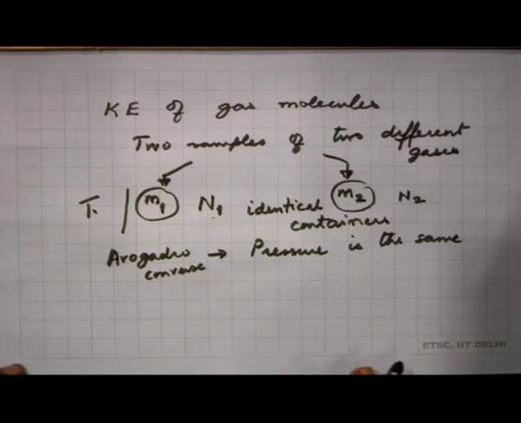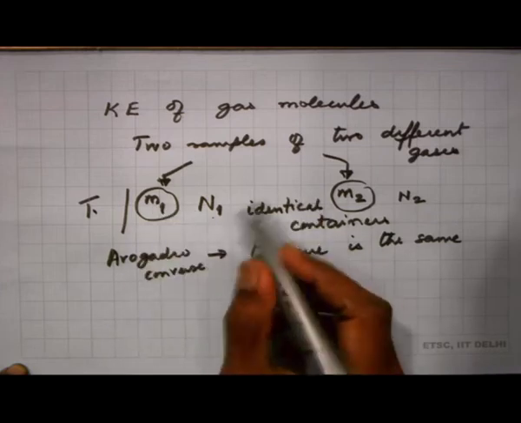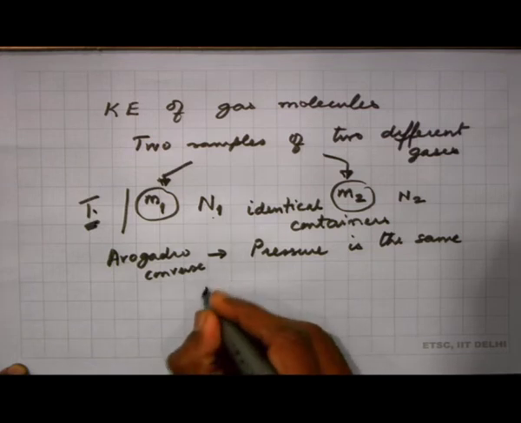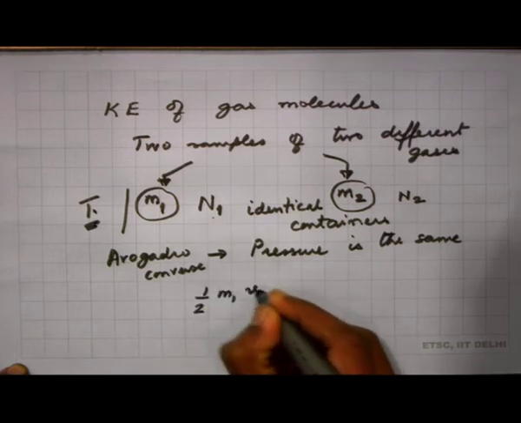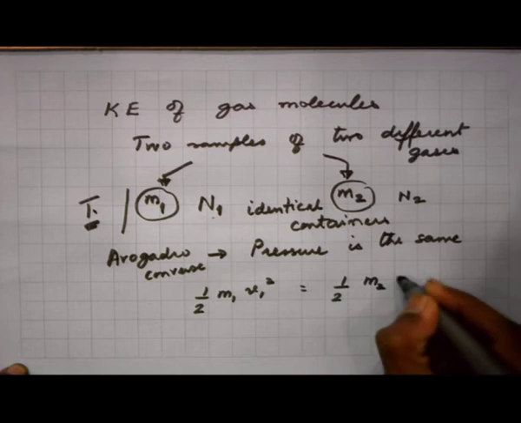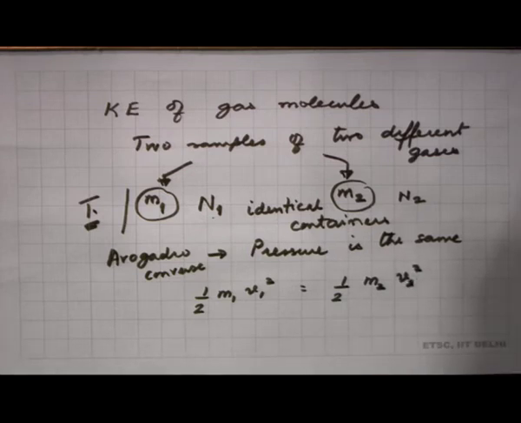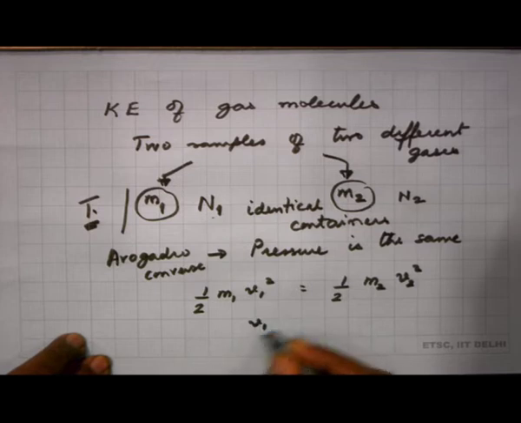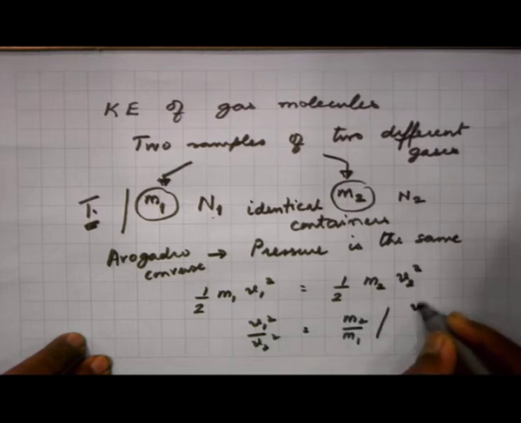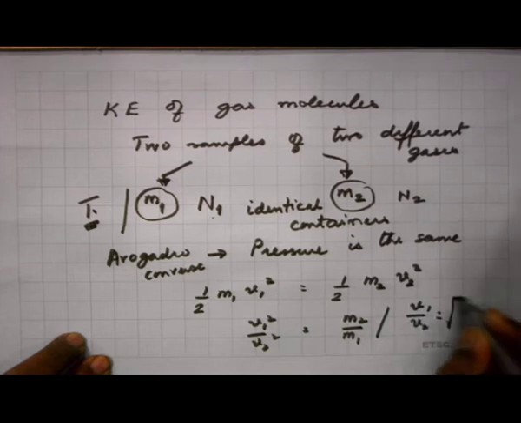And from the postulate of the kinetic theory, we know that the kinetic energy of the two samples at the same temperature has to be the same, which means that half m1 v1 square must equal half m2 v2 square, which implies that v1 square over v2 square is m2 over m1, or v1 over v2 is square root of m2 over m1.